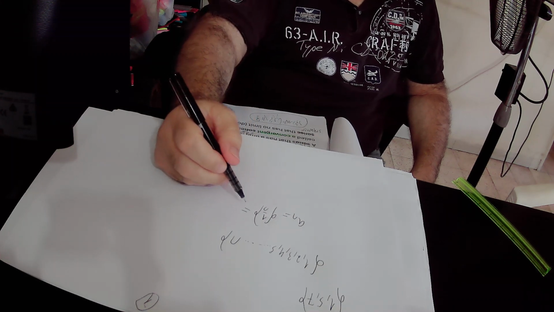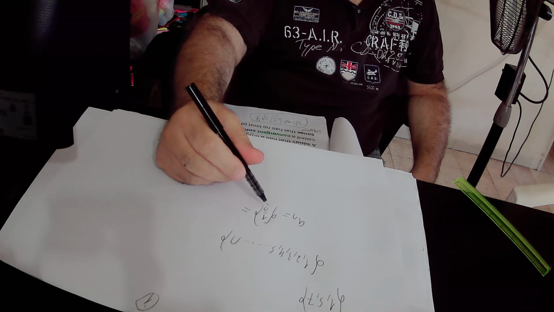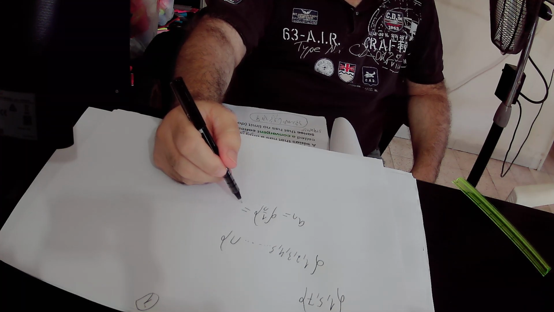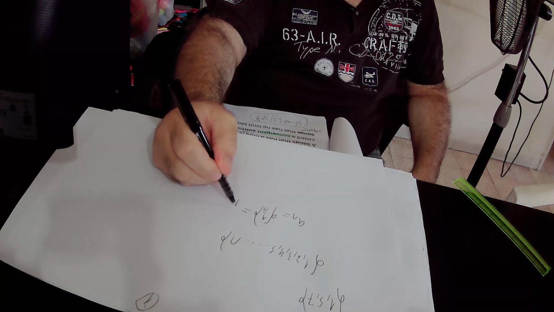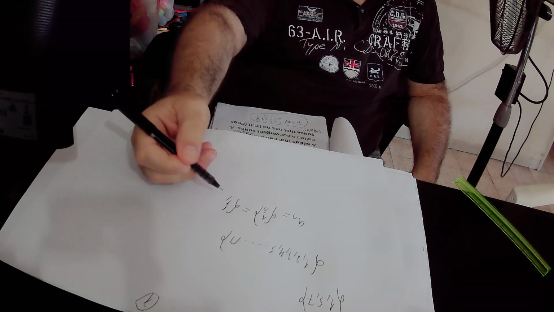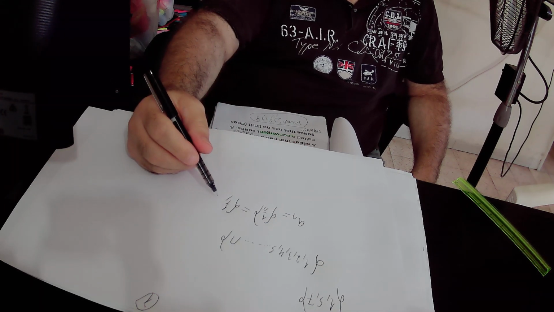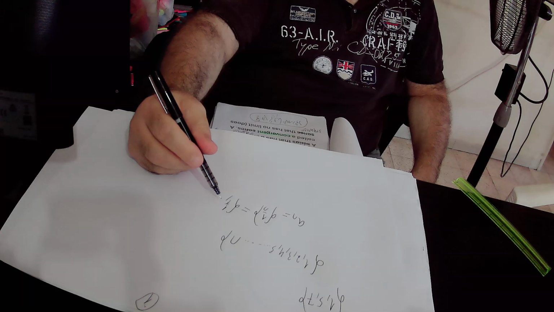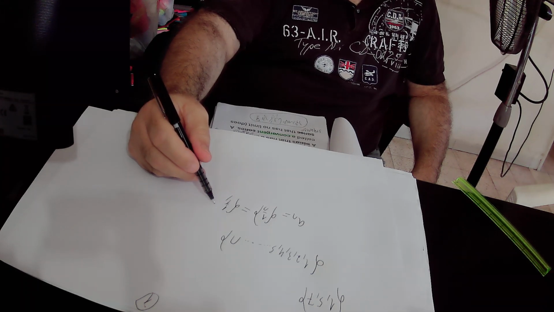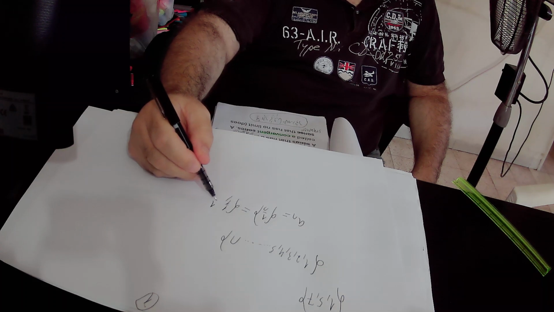The first member is the member we get when n equals 1, that is 1 over 1. The second member is when n equals 2, that is to say it is 1 over 2.